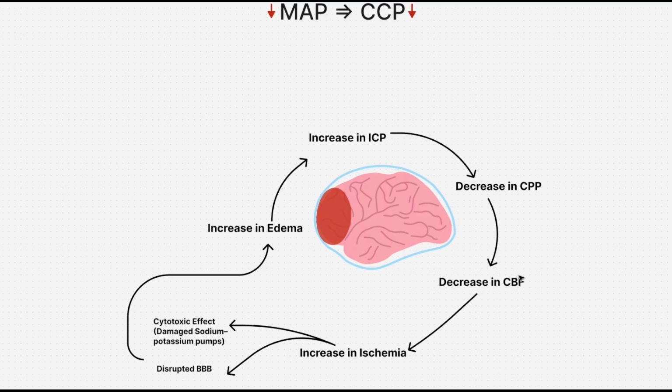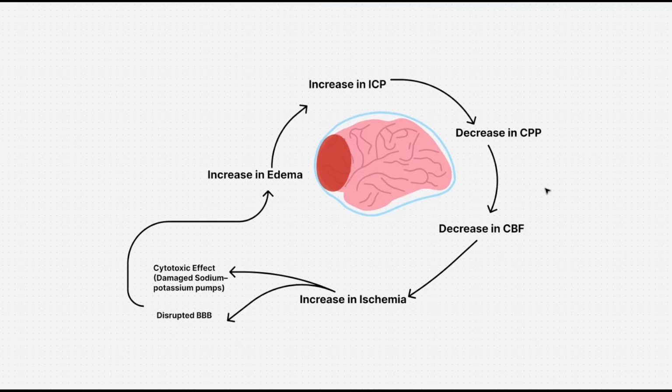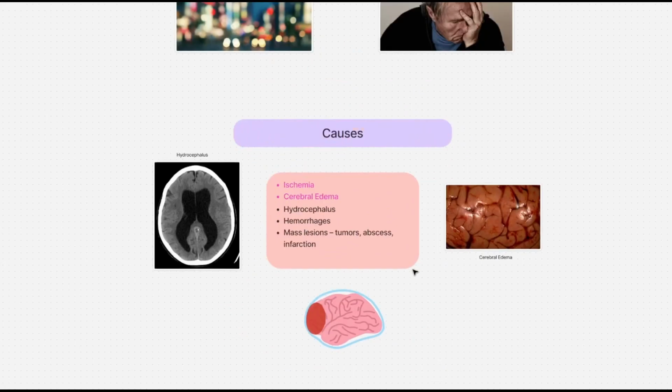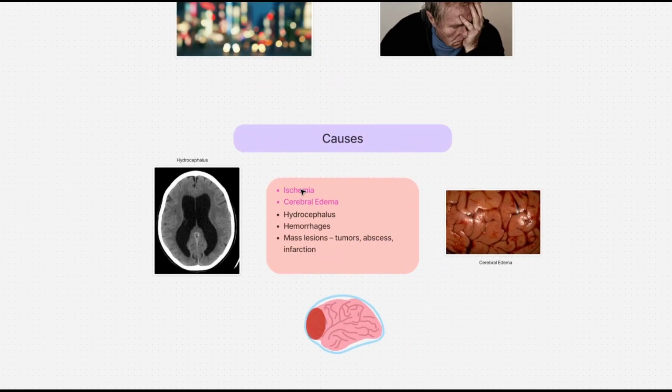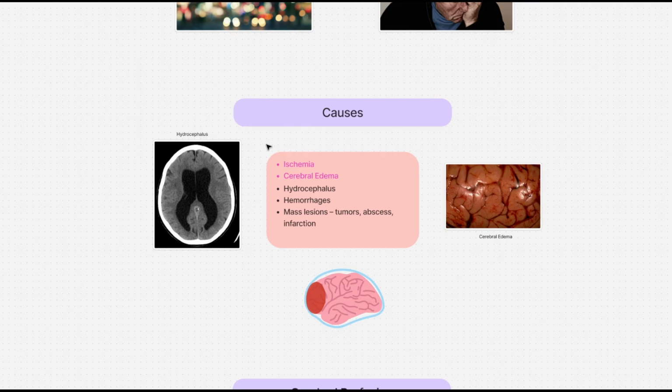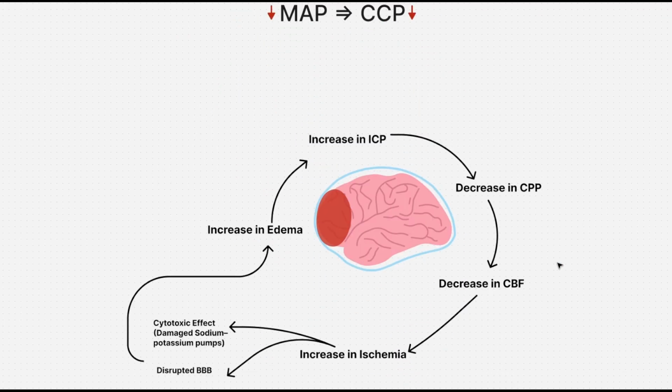So if it decreases, the blood flow will also decrease. If we have decreased blood flow, then we start to get ischemic. As we talked about before, one of the causes, it might not be a very direct cause, but it is a cause, and we're going to understand why ischemia is part of this cycle.